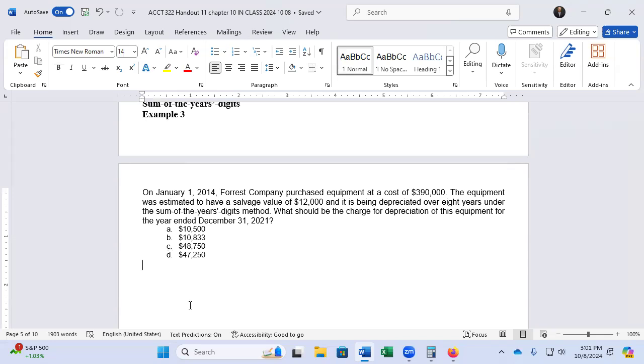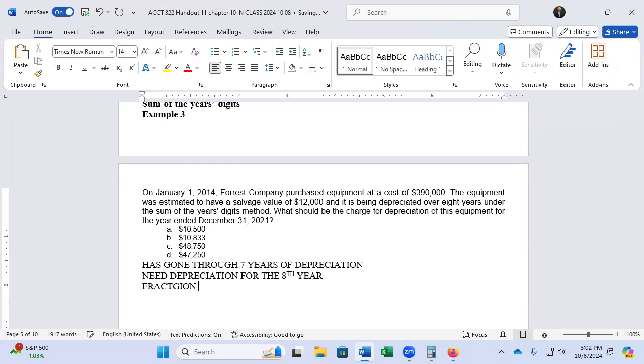Okay, so this one has gone through 7 years of depreciation, so we need depreciation for the 8th year.